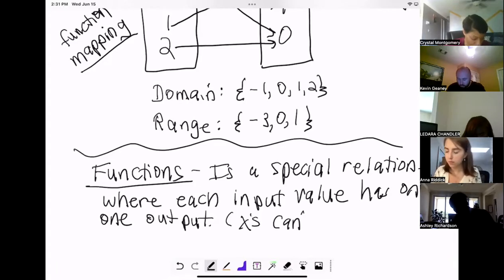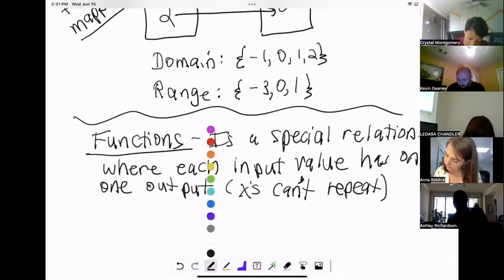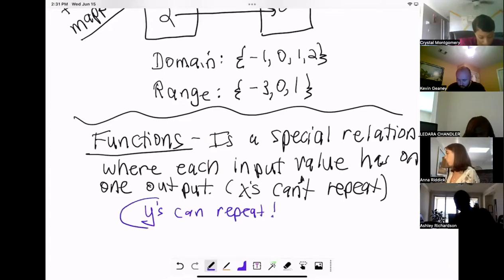X's can't repeat. So 1 can't go to 5 and 1 can't go to 10. It can only go to 1. Each input has only one output. 2 can't go to 0 and 2 can't go to 5. And only one output. Y's, well, this is not the definition, but Y values can repeat. The X values cannot repeat to be a function. Y's can repeat as many times as you want. The X's cannot repeat.